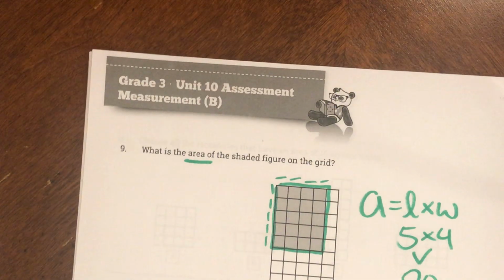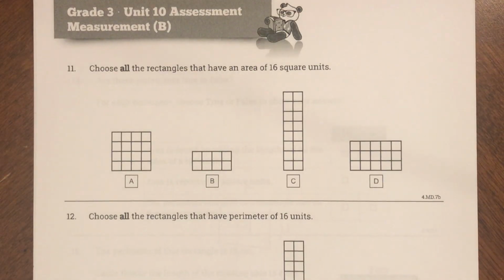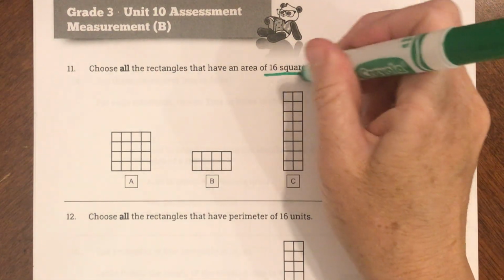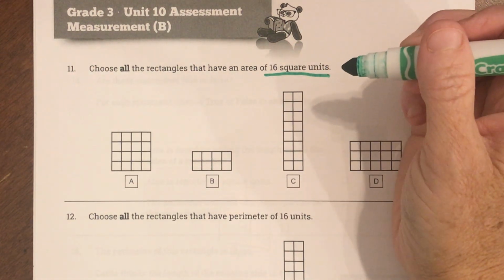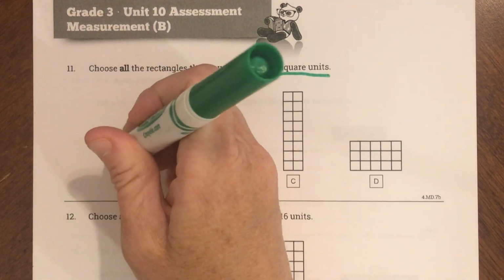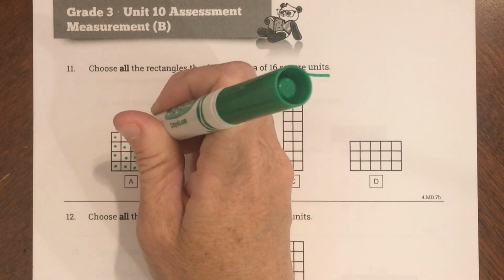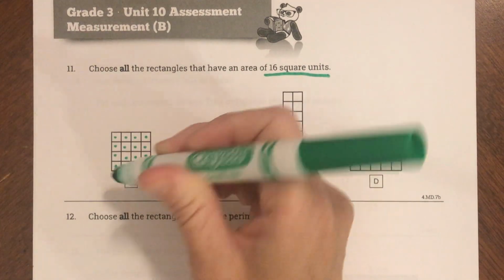Okay, let's look at number 11. Number 11 says, choose all the rectangles that have an area of 16 square units. So I could use my formula or I could count. I think I might just count. 1, 2, 3, 4, 5, 6, 7, 8, 9, 10, 11, 12, 13, 14, 15, 16.